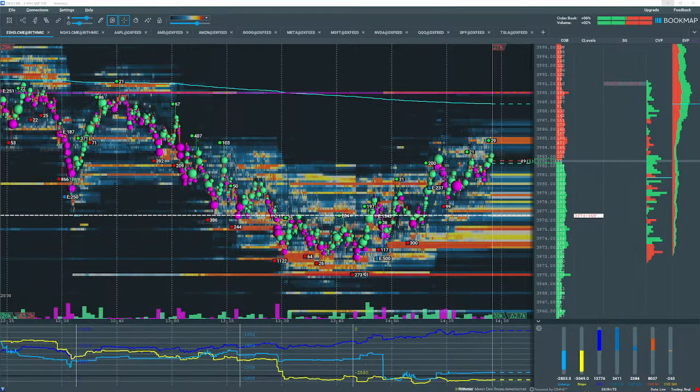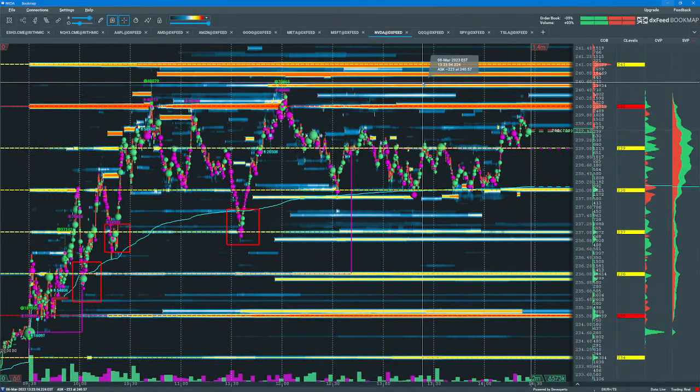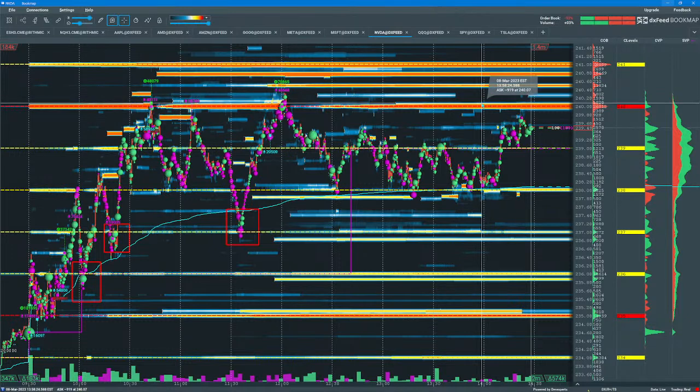All right, the next one, we looked at Microsoft. Let's take a look at NVIDIA. And again, semiconductors. So I'm looking at order flow right now. This is Bookmap, in case you're not familiar, and this is showing the order book, the history of orders.